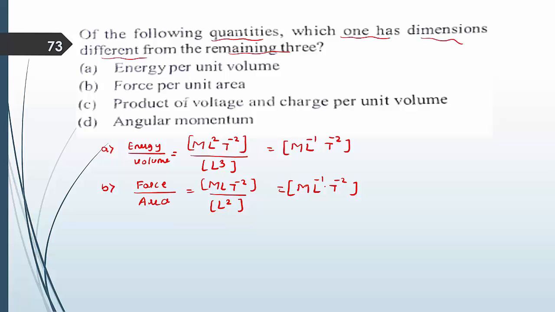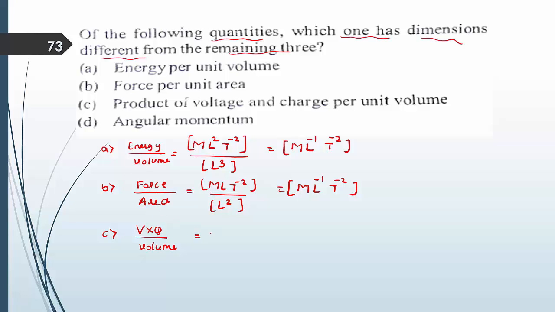Come to option C here. Option C is the product of voltage and charge per unit volume. See here, option C: product of voltage, that is potential difference V, into charge Q per unit volume. Don't get confused, V indicates potential difference here.